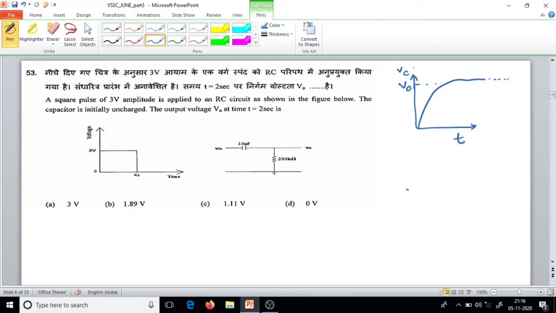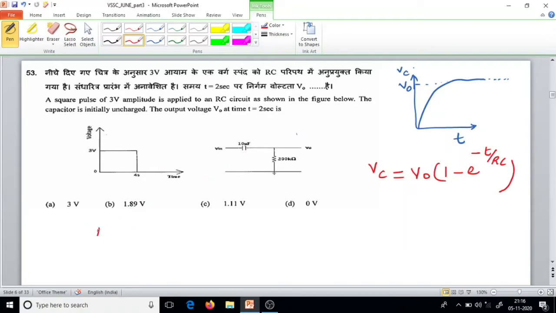Whenever the capacitor is charging, the capacitor voltage VC is given by the maximum possible voltage it can charge to, multiplied by 1 minus e to the power minus t divided by RC. Now, what is the RC value here?